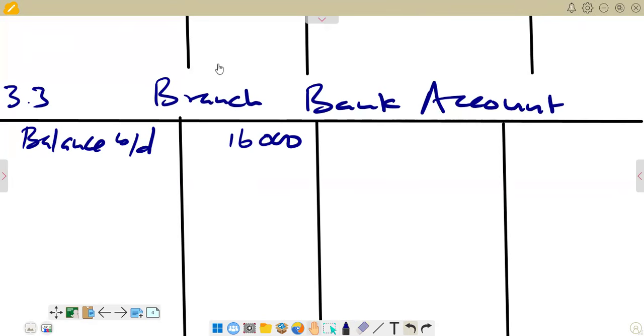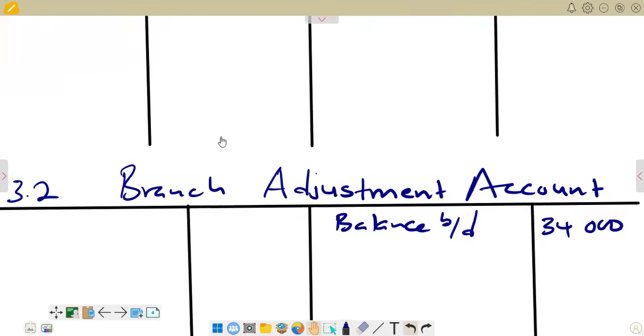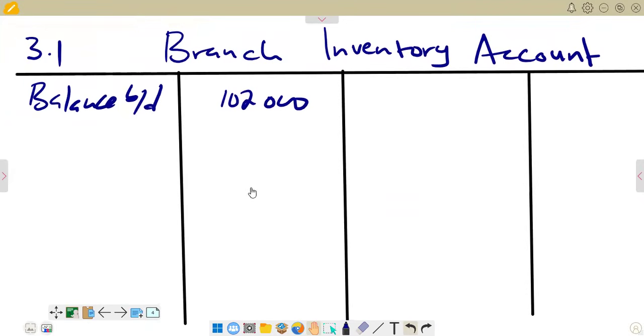You can find it there at the beginning of the question. In the branch inventory account, we are saying the debit side is where we are going to put our inventory to branch. We debit the branch inventory account with inventory to branch 750.